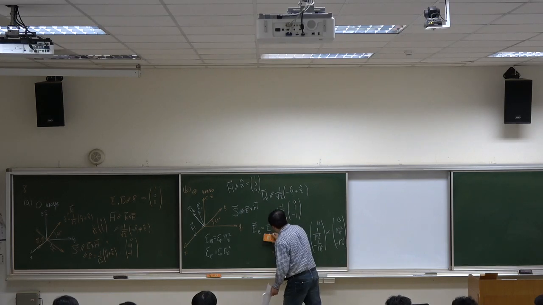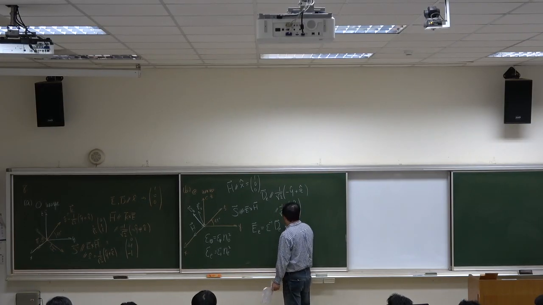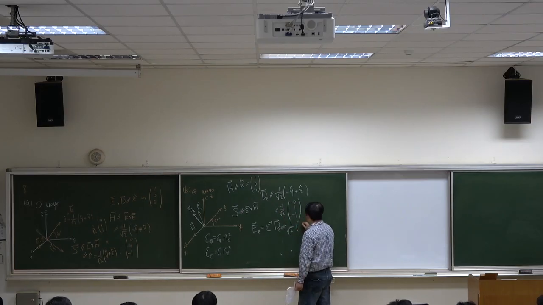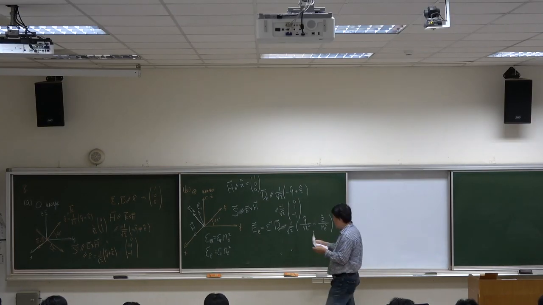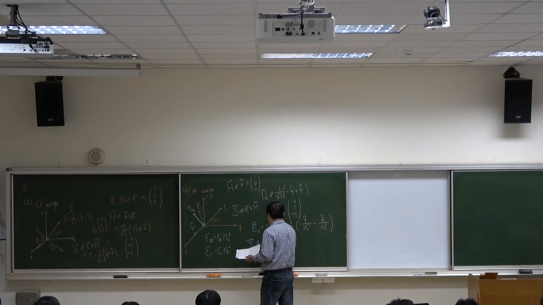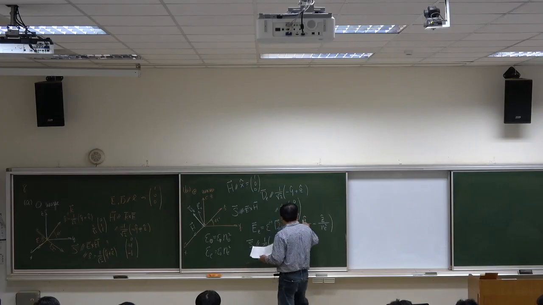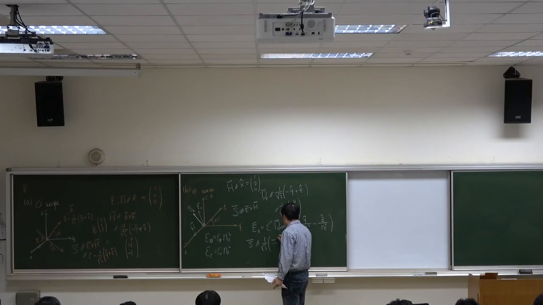So with H along X, the S vector is parallel to Y cross X, which gives us minus Z.